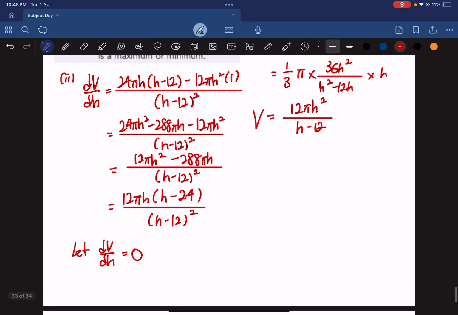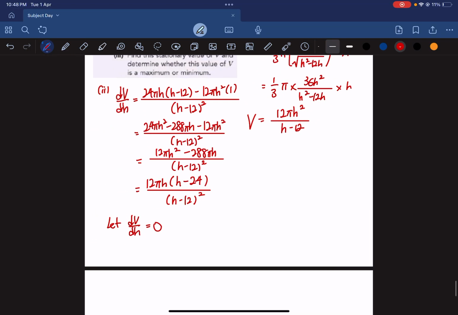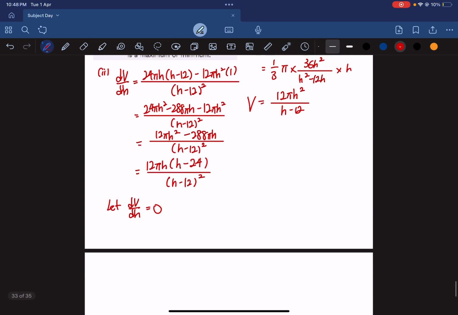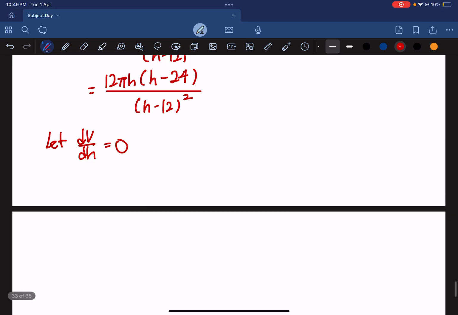Okay, so from here, to find the stationary value of V, I let dV over dh be equal to 0. Then after that, I will solve this equation. So over here, 12 pi h times (h minus 24), the whole thing over (h minus 12) squared, equals 0.